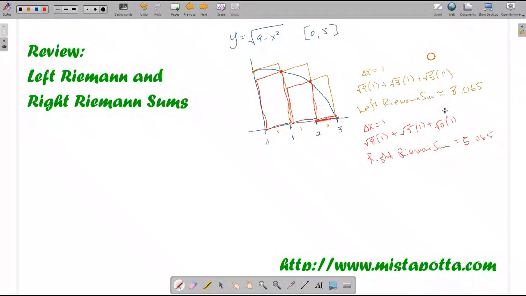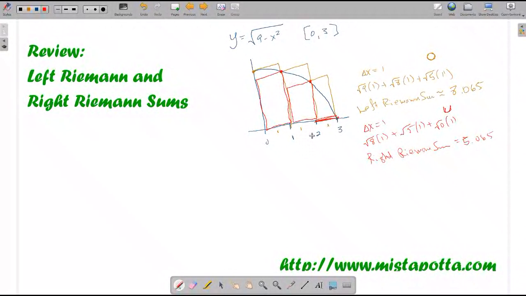And my right-hand Riemann sum is an underestimate because I'm ignoring area that should be part of my function.